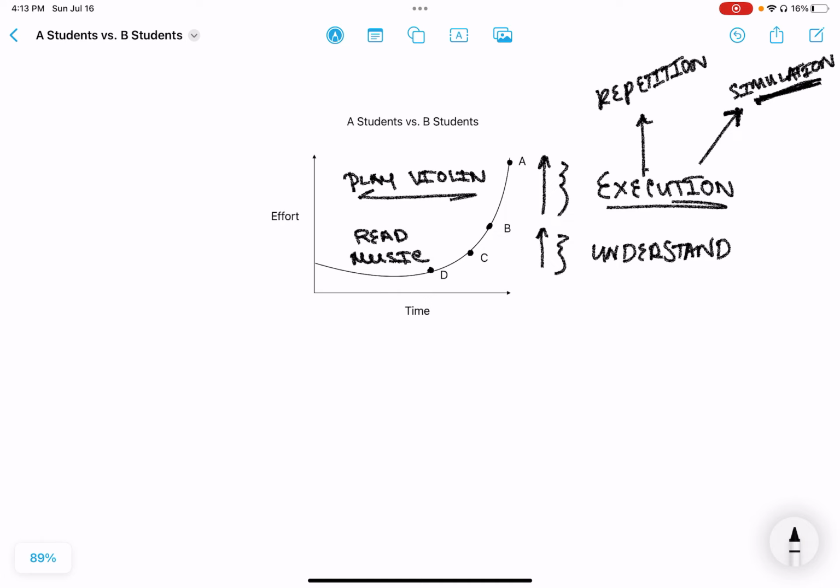Now, more practically speaking, what separates B students from A students is that B students have typically gone through all of the material and the practice problems once. A students have gotten through it 3 to 4 times. Now, you're probably thinking, how on earth am I supposed to, in one semester, get through the content 3 or 4 times? The way to do that is through something called triaging.